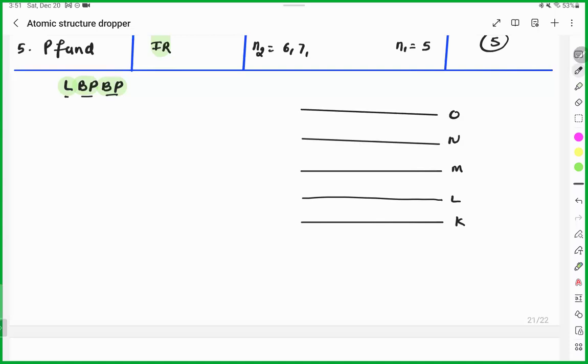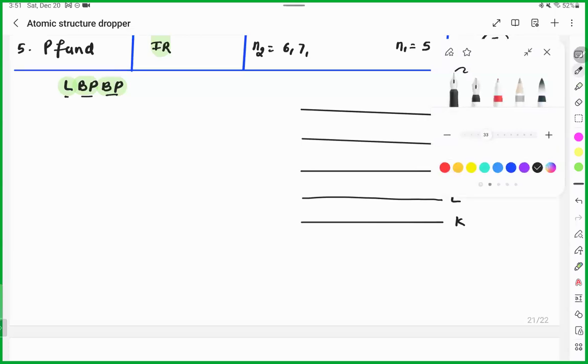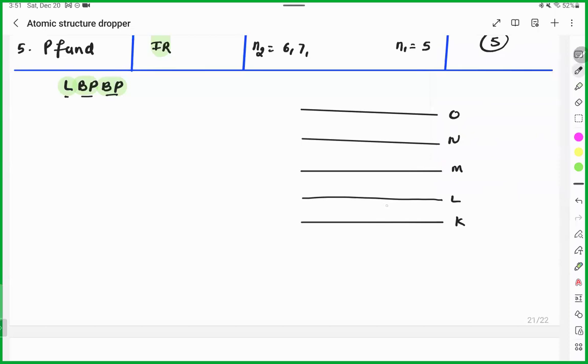Correct? If the electron comes from the second shell, it will look like this. Second to first, there is only one line. Correct?